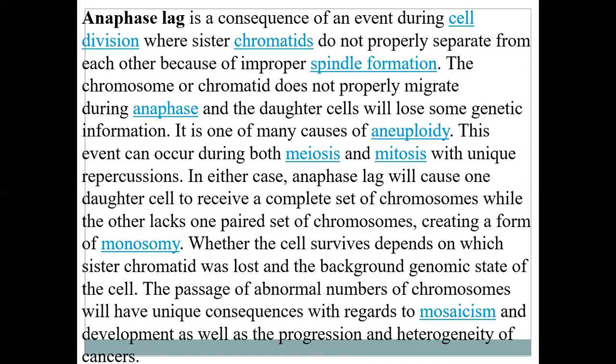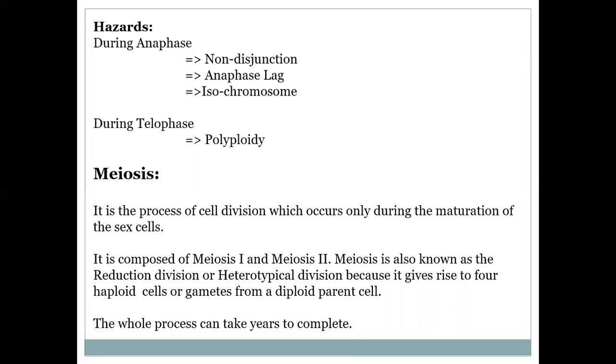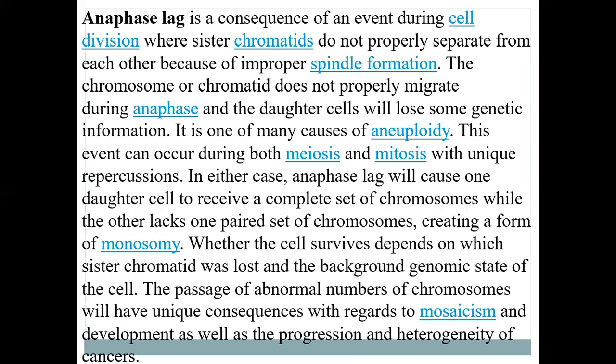Now, anaphase lag. What do we mean by anaphase lag? I already told you the different hazards present in mitosis: non-disjunction, anaphase lag, and isochromosome. Anaphase lag is actually a consequence of an event during cell division where sister chromatids are not properly separated from each other, and improper spindle formation occurs.